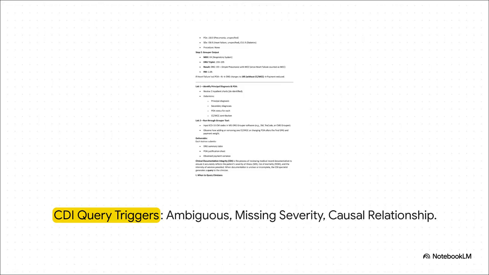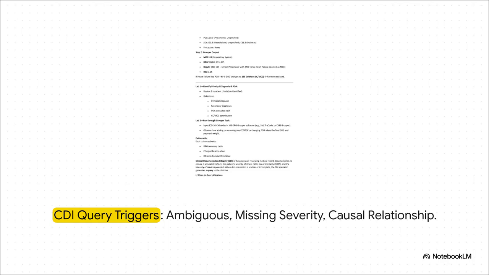We rely heavily on clinical documentation integrity, or CDI, to fight off revenue losses from vague notes, and more importantly, to defend against commercial auditors who constantly try to downgrade an inpatient stay to a simple ambulatory detox. We have to be on the lookout for query triggers like ambiguous diagnoses or missing POA status.